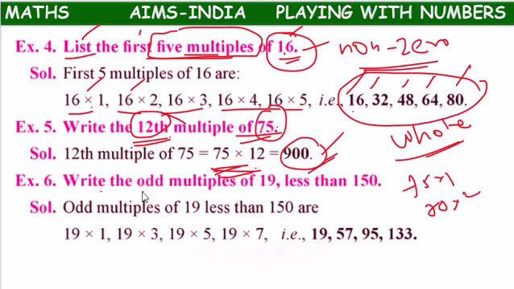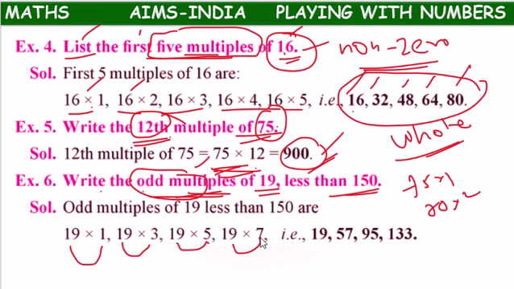Next, write the odd multiples of 19 less than 150. They are asking us to write odd multiples, meaning multiples formed by multiplying with odd numbers, like 19 into 1, 3 is an odd number, 5 is an odd number, 7 is an odd number. 19 one time, 19, 57, 95, 133.